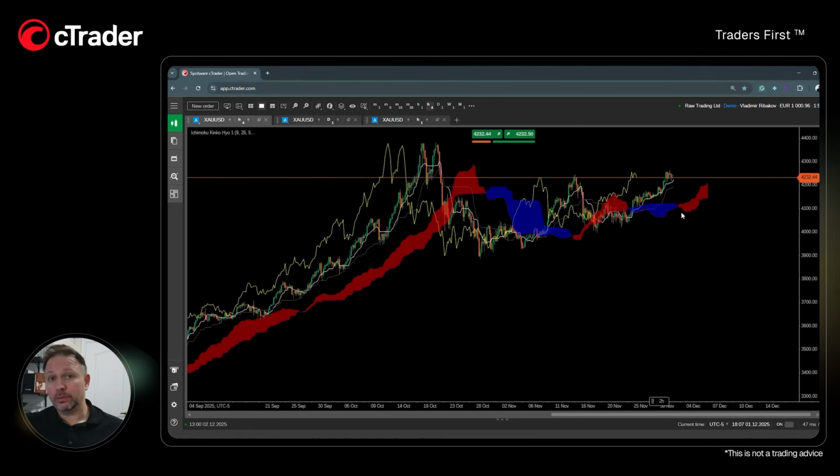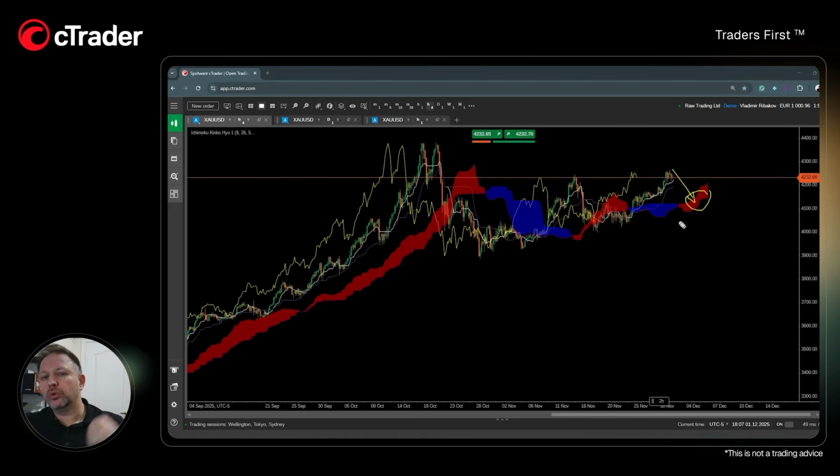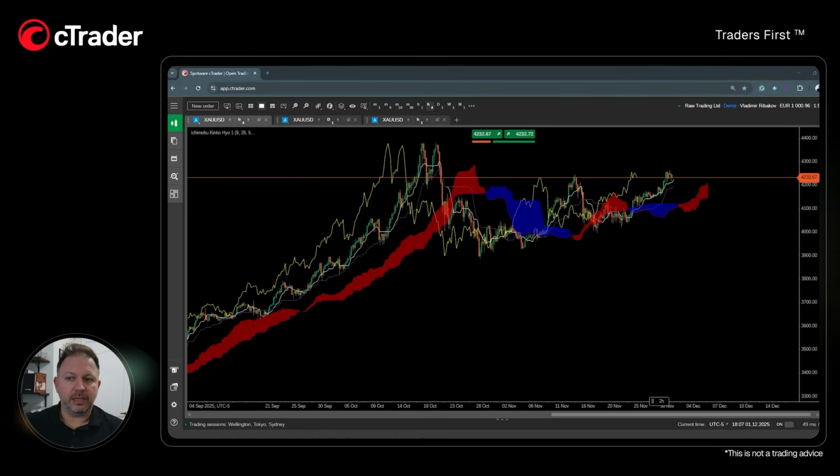And the cloud will always be running in advance of the price, as you can see here, which could also give the understanding where the market could go if the reversal signs actually take place. Fantastic indicator, all at once gives a complete overview of the market at a glance.